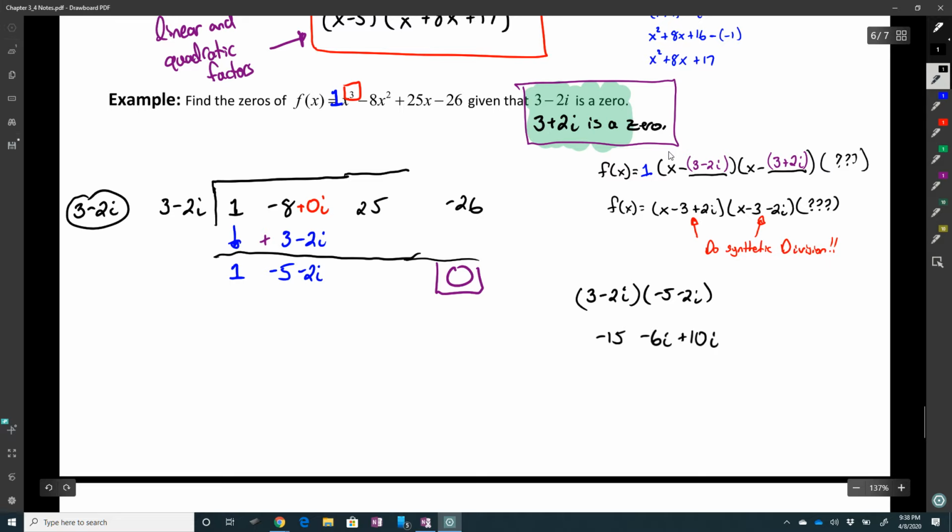And last times last is plus 4i squared, but we know that i squared is negative 1, so that becomes minus 4. So negative 15, negative 6i plus 10i is plus 4i, and negative 15 minus 4 is negative 19 plus 4i. And that's what's going to go over here.